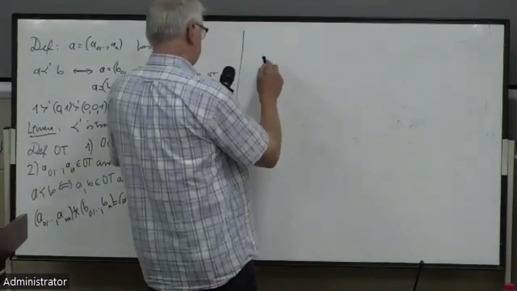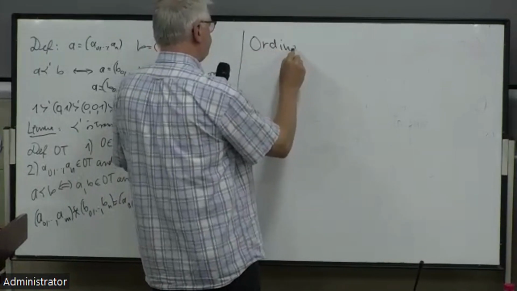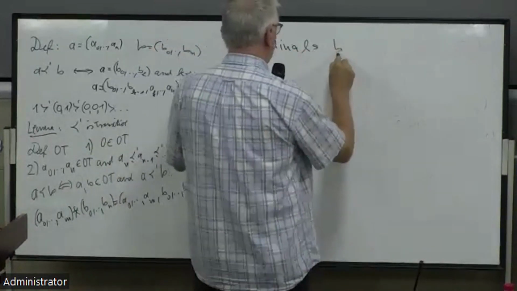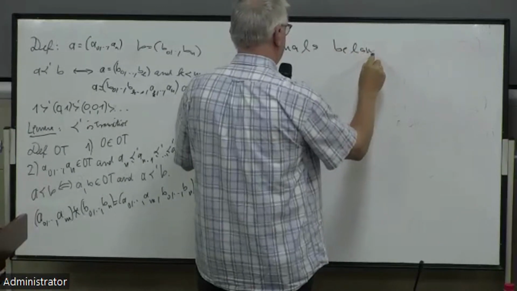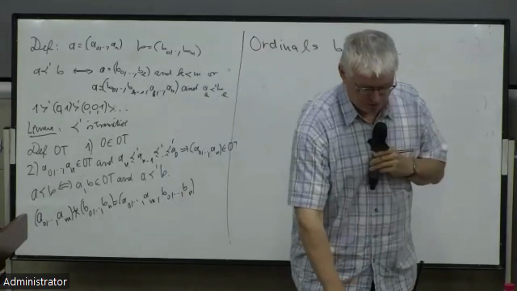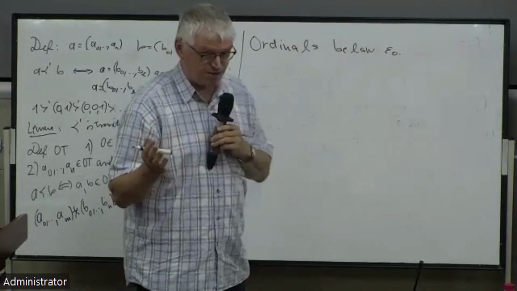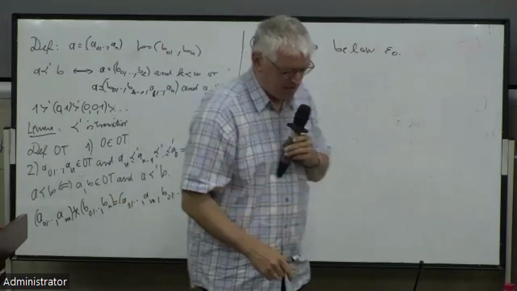So now I come to the ordinals below epsilon 0. And of course, the problem is now to figure out how to speak about ordinals without explaining what they are really.